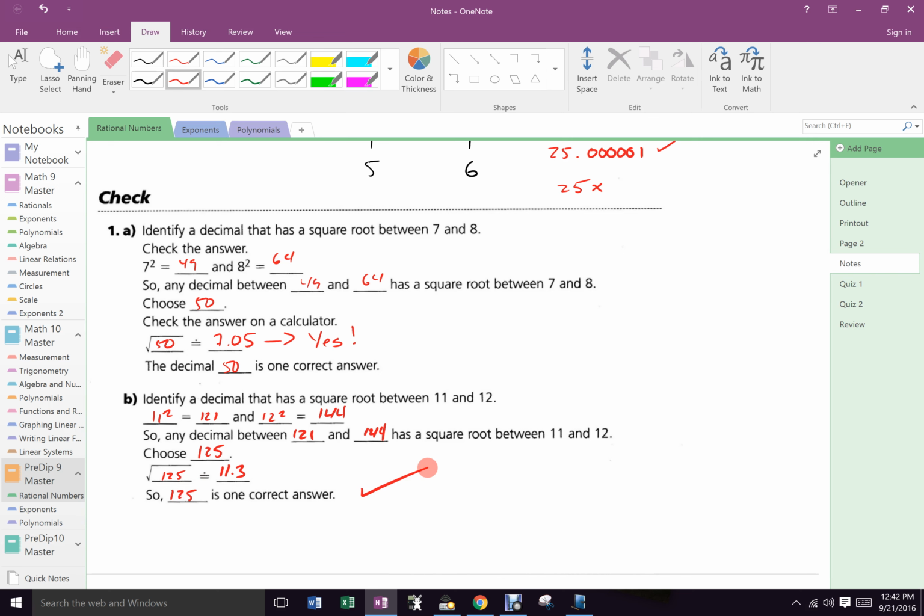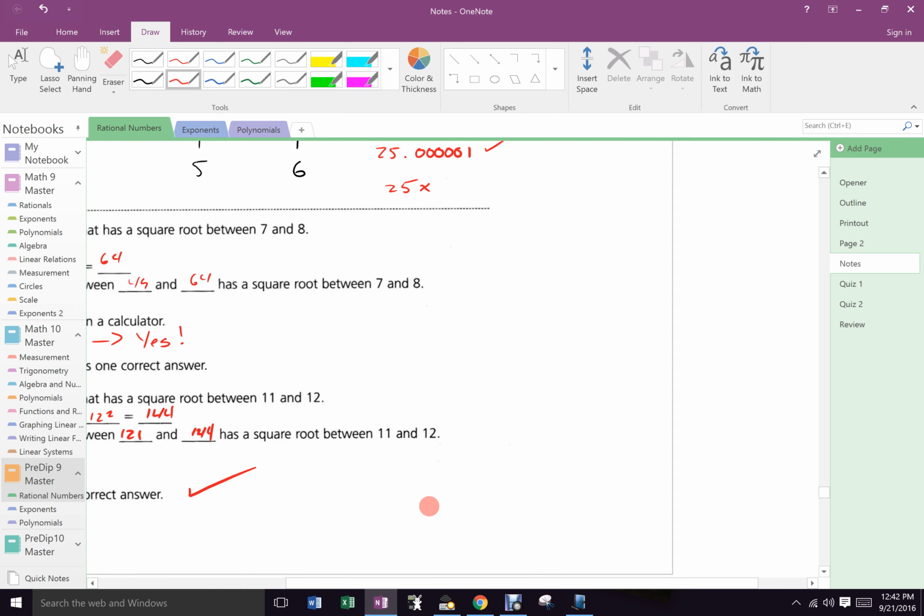Now, you should have a bit of blank space to the right here. All right. Now, I want to cover a bit of work with you. Is there a square root of 144?